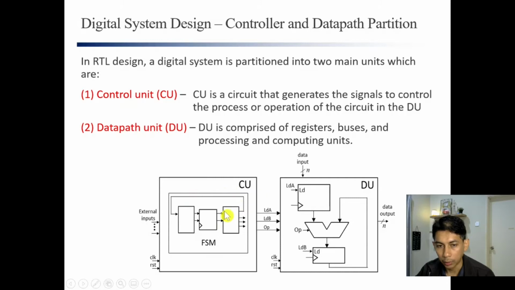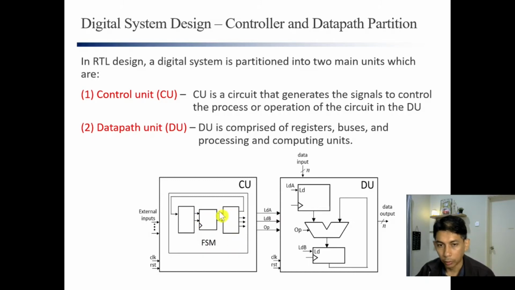And what is inside the CU? Inside the CU is essentially the finite state machine, FSM. We have learned in the previous chapter that the FSM can generate the control sequence, just like in the last example of the previous chapter.